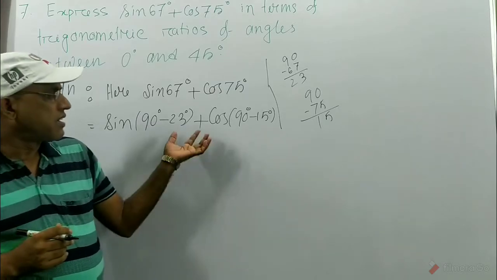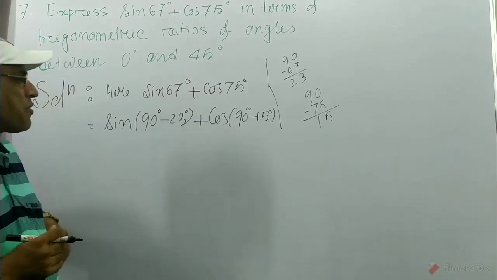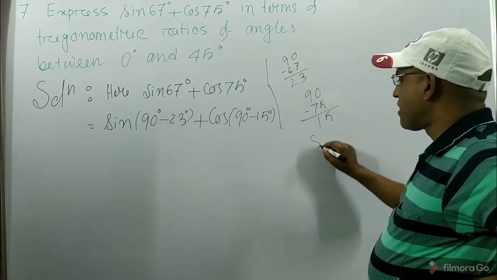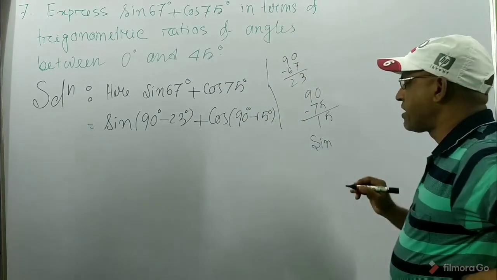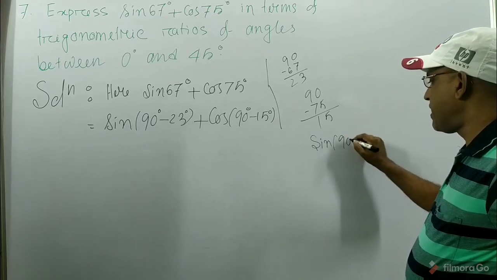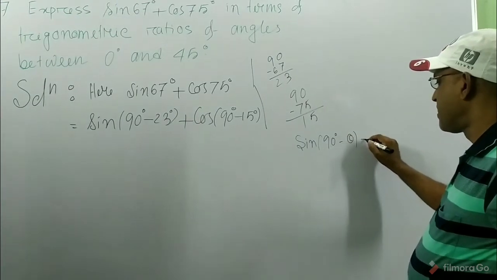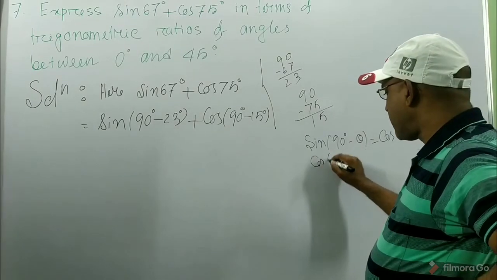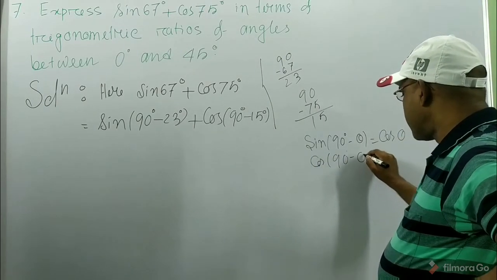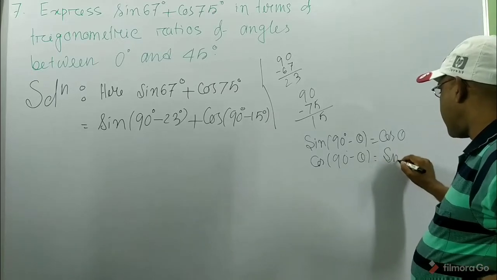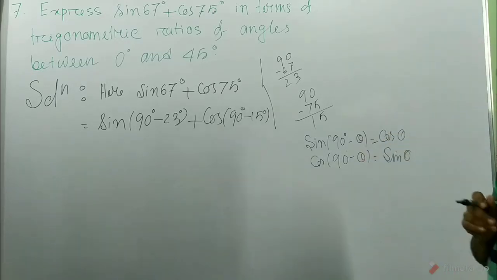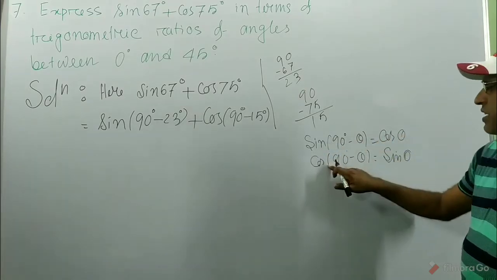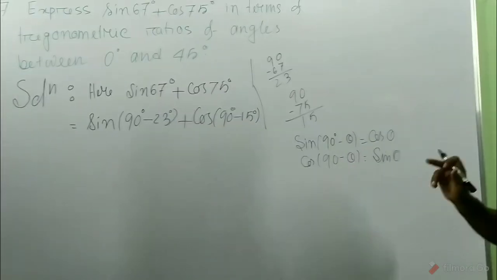So this line is clear. Now we want the relation between sine and cos. Sin(90 degrees minus theta) is cos theta, and cos(90 degrees minus theta) is sin theta.